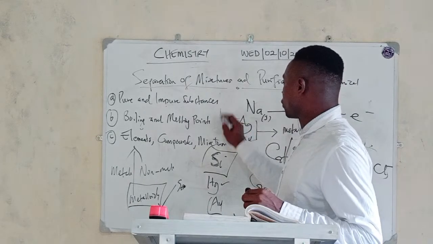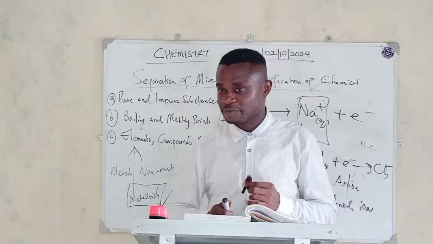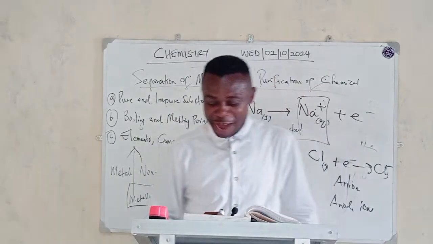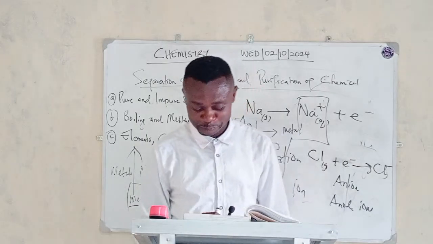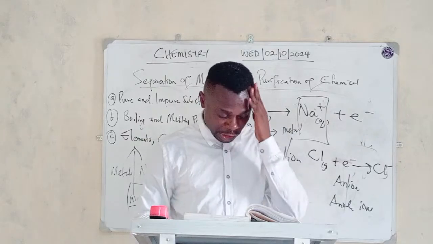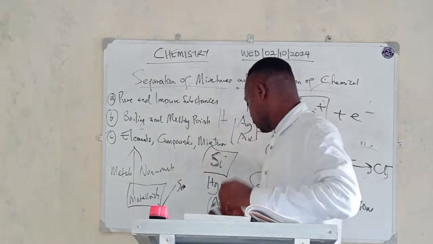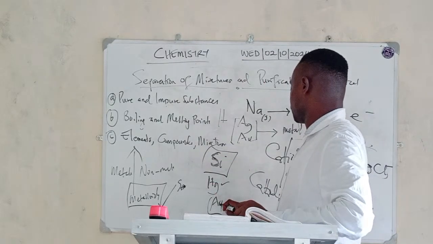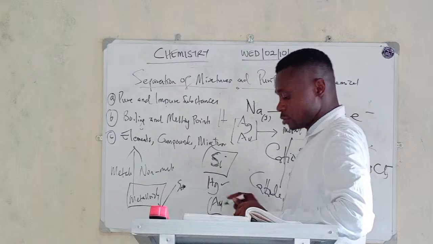What of mercury? Is mercury a metal? Liquid. How many liquid metals do we have? Which is what? Mercury.